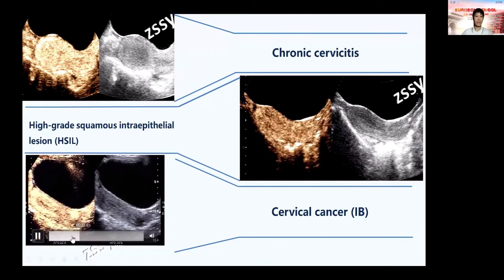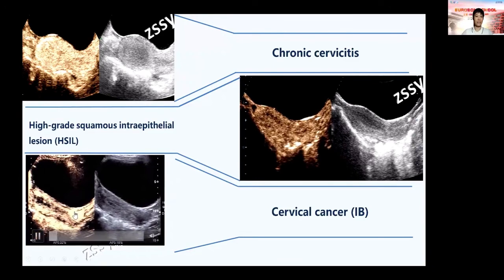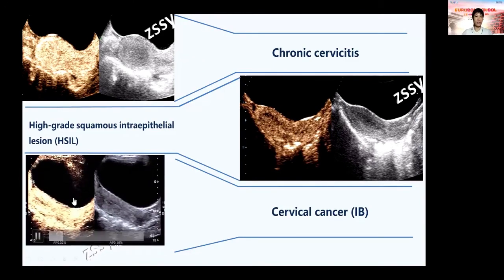How about case C? The agent arrival time of tumor area is still earlier than that of the myometrium.